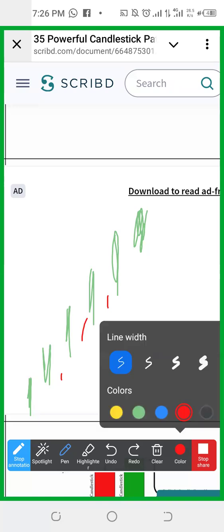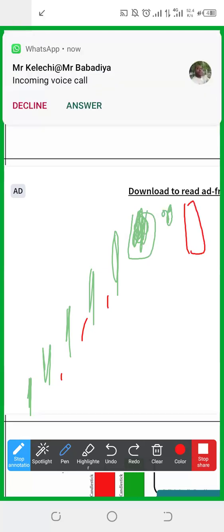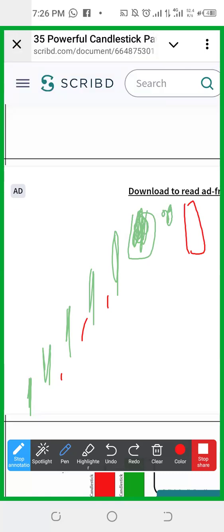Now, after the last green candle in an uptrend, let's say there's a small green candle like this, then a red candle forms beside this small green candle.